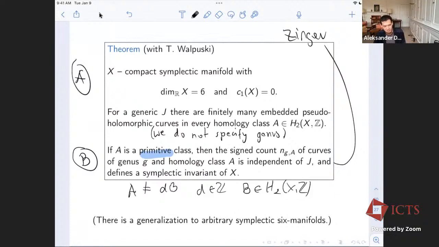Really what I wanted to state was Theorem A, and this was a corollary. I wasn't trying to say that this is some kind of new information. This was done much earlier by Zinger, just using the standard techniques of Gromov-Witten theory. He in fact computes it in many cases and relates them to other things. I think I should have been clear about this part, so I'm sorry about that.